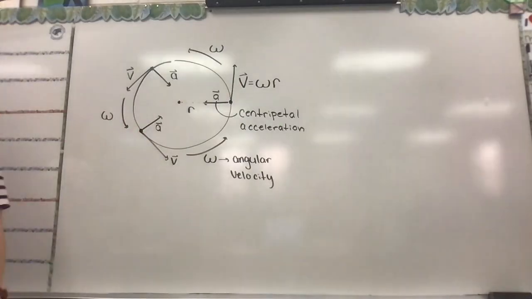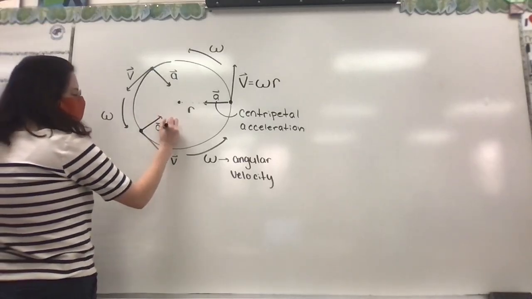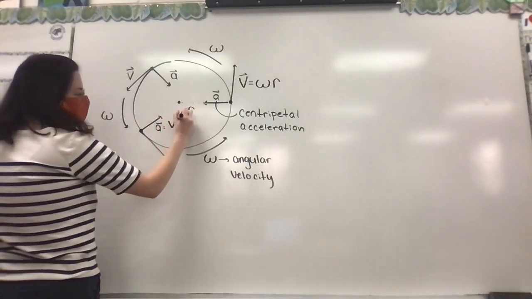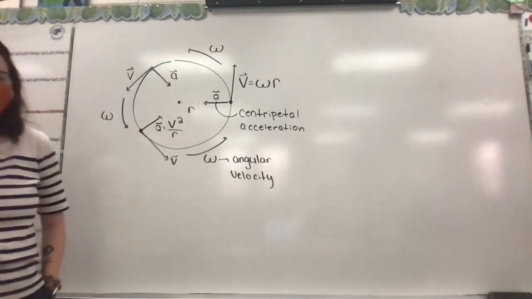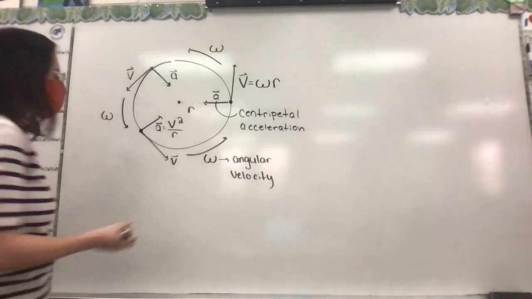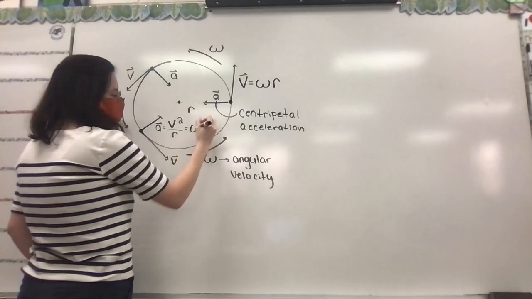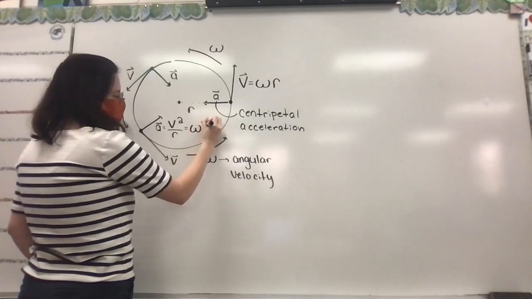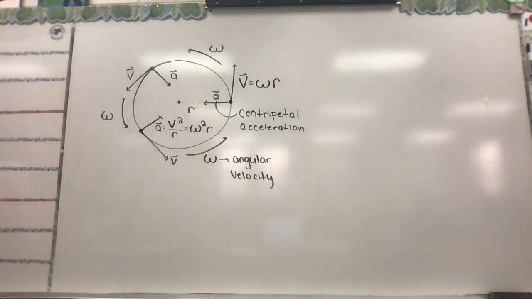What's my equation for acceleration? The equation for acceleration is going to be velocity squared over r, which you can also write as, I'm pretty sure this is actually an omega, omega squared r.